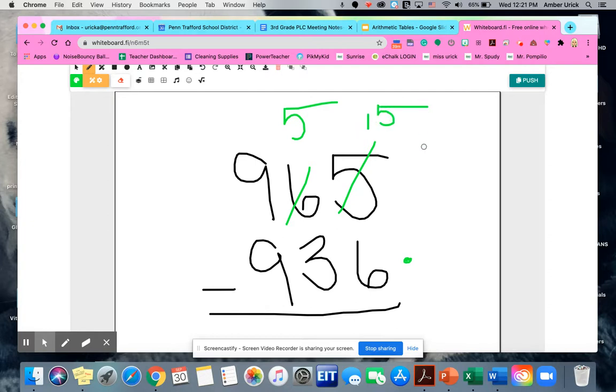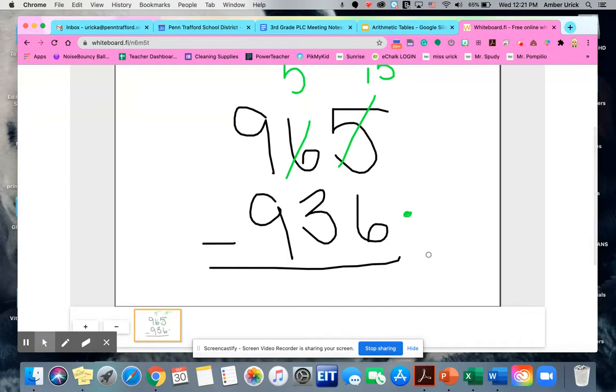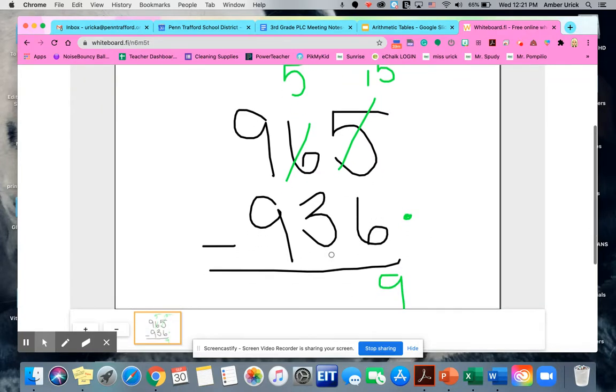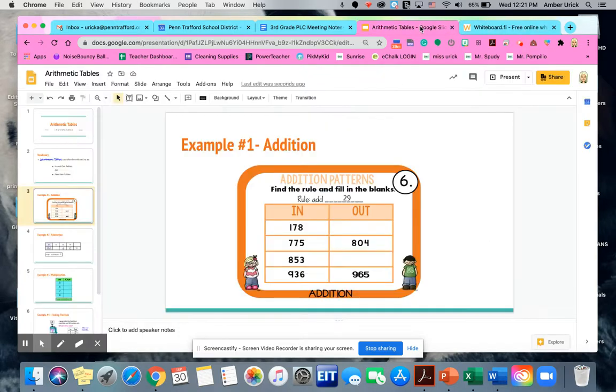Fantastic. So 15 minus 6 becomes a, I hope you said 9, and 5 minus 3 is 2, and 9 minus 9 is 0, so I don't need to do anything. Did I still come up with 29? I did, which means my rule is correct in adding 29.